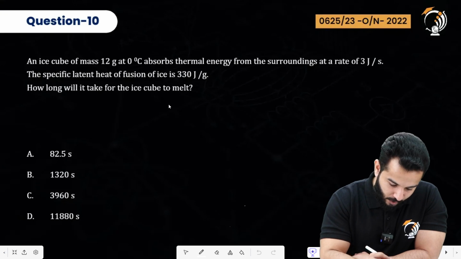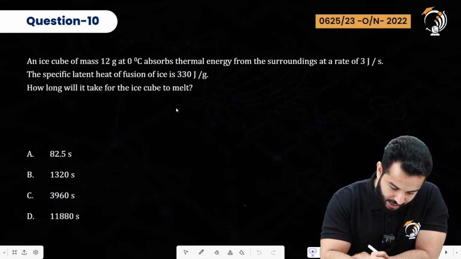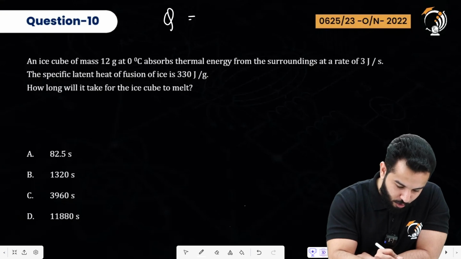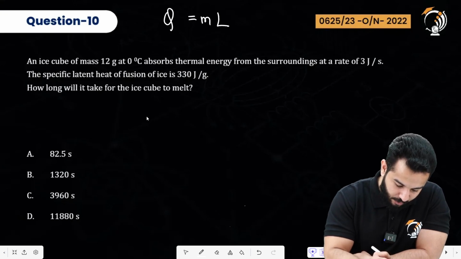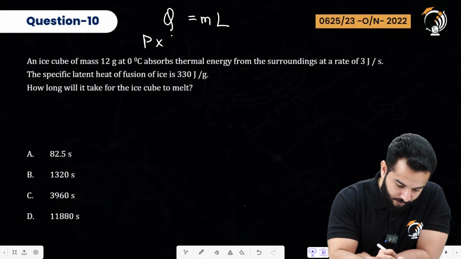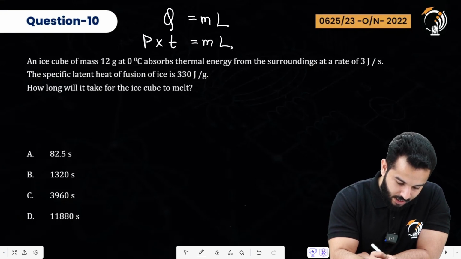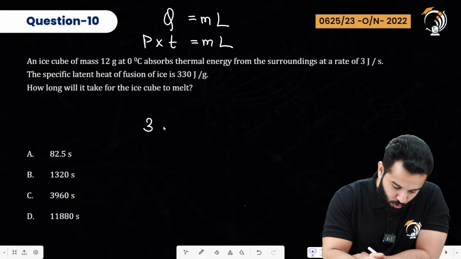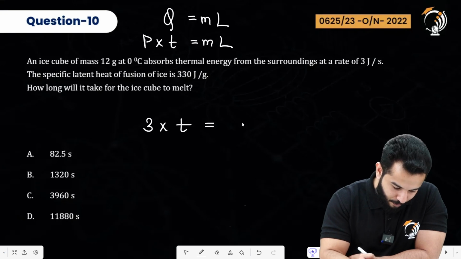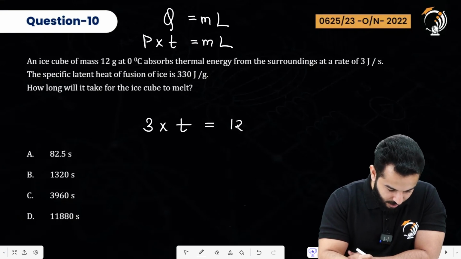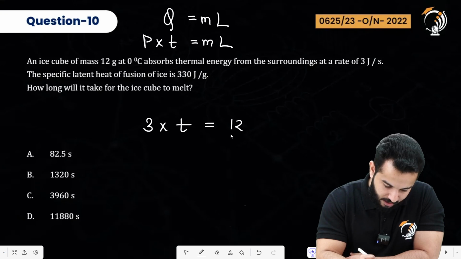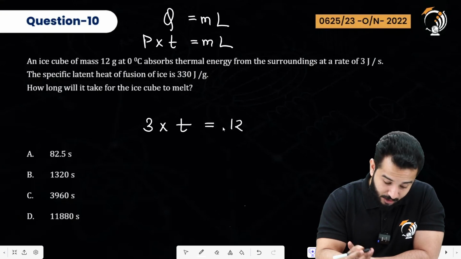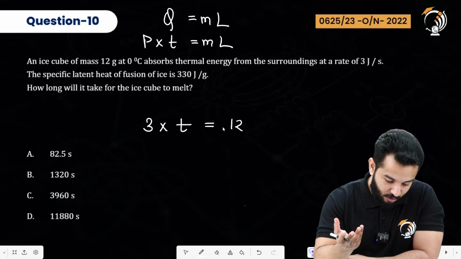So let's write the energy again, as we are going to use the same formula Q equals M into L. Instead of writing energy, I'm going to write power into time equals M into L. So power is 3 joule per second multiplied by time equals mass, which is 12 grams, and let me just use grams because latent heat is also given per gram, right?